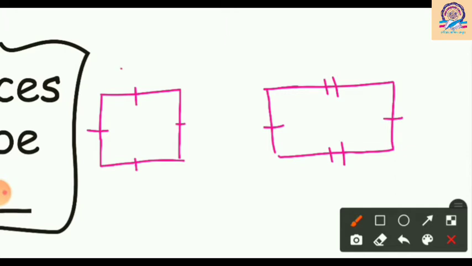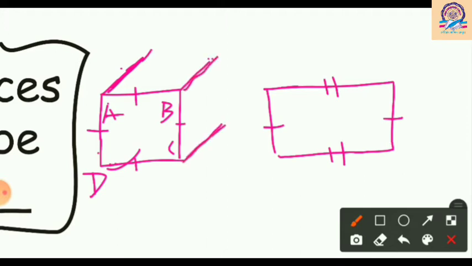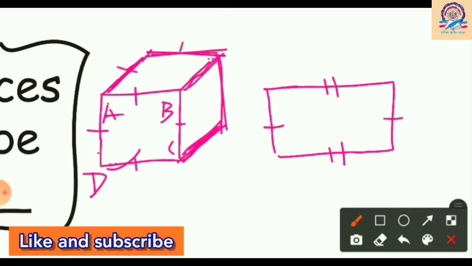Let's name this point A, this point B, this point C, and this point D. Now if we make height from A, B and C, all heights of equal length, this gets converted into a cube. As you can see here, we have made a height of equal length from A, B and C. So a cube has all sides equal.